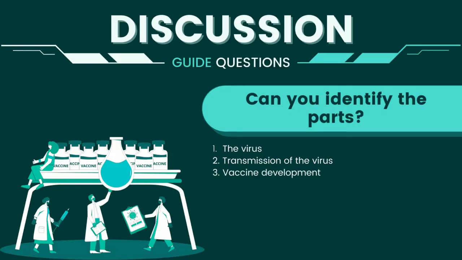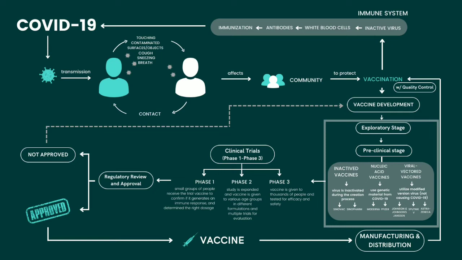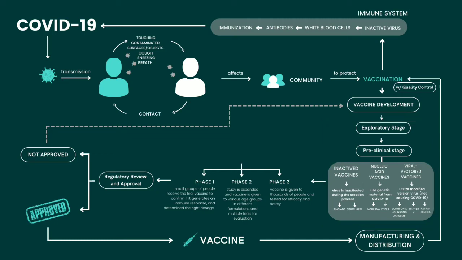It comprises early general stages, namely the exploratory and preclinical stages, to categorize and determine the path of how to develop the different types of vaccines that will be available to the public. These categories are inactivated vaccines, nucleic acid vaccines, and viral vectored vaccines. Inactivated vaccines use the process of virus inactivation during the developmental stage, which resulted in the creation of Sinovac.